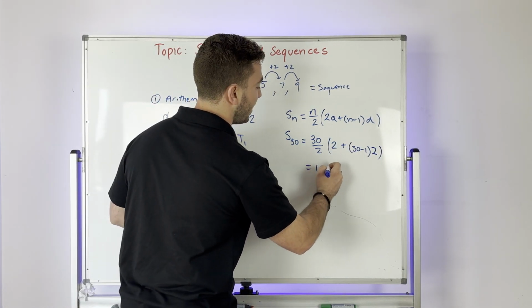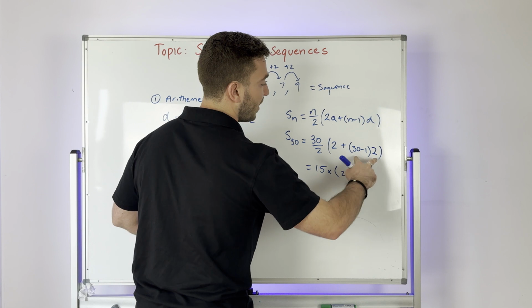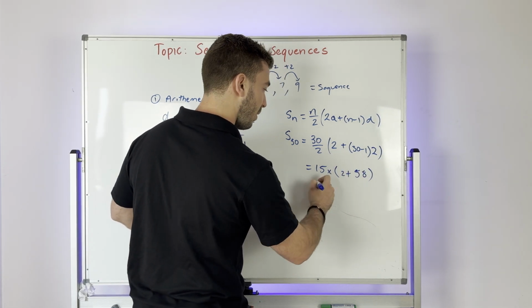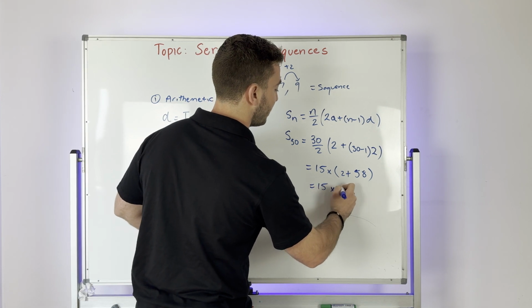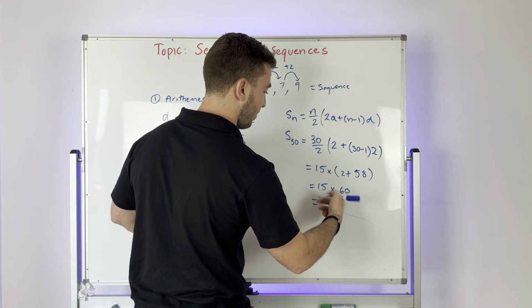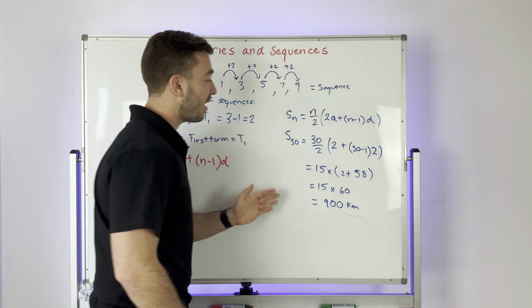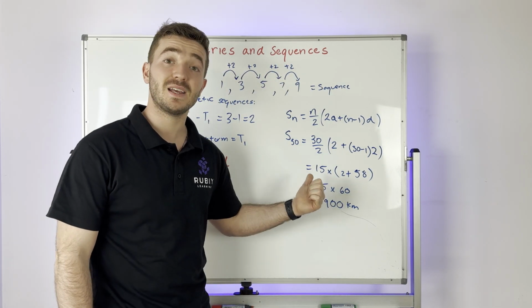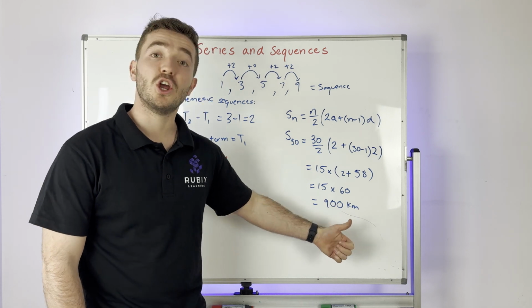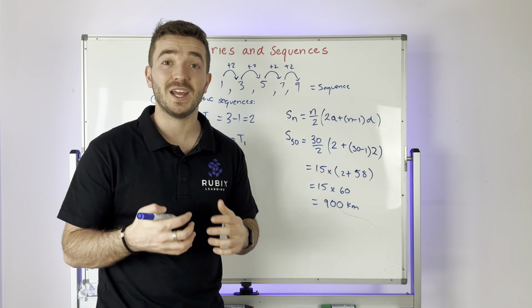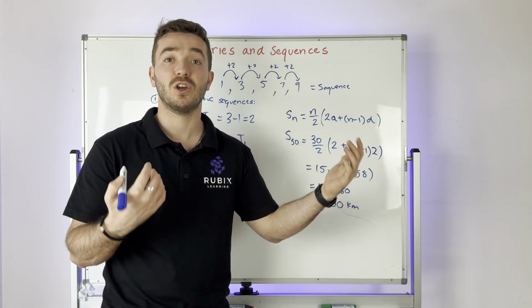So it's just going to be 15 times 2 plus, we said that is 58. So 15 times 60, which is 600 plus 300 is 900. So the sum of the first 30 days of running is equal to 900 kilometers. So over the first 30 days, let's say I was running, I've run 900 kilometers.